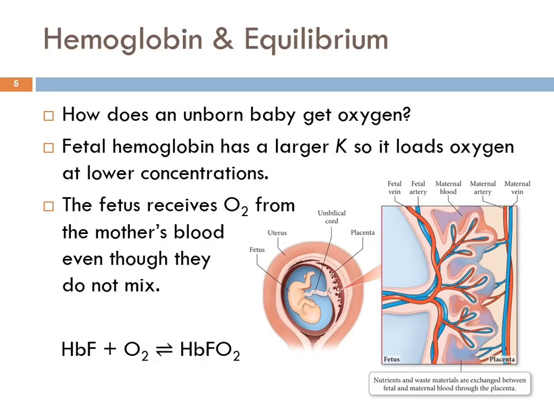You have a question? What makes it have a larger equilibrium constant? I do not know that off the top of my head, and your book didn't mention it. Is it like something on the web? We could look it up, I'm sure. That's a good question, too.